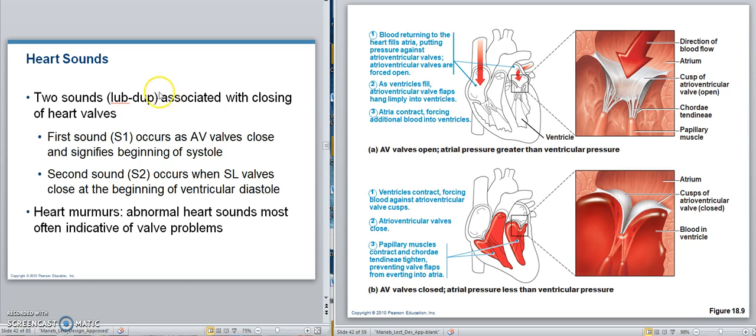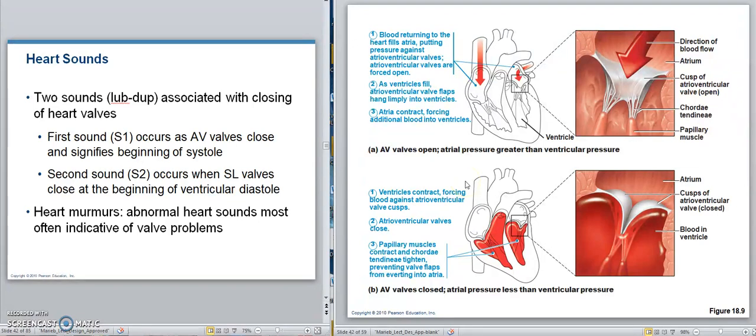All right, the normal heart sounds are caused by valves closing, not opening, but closing. Okay? That's the normal heart sounds. The heart sounds are divided into what we call a sound 1, S1, and an S2. A sound 1 and a sound 2. Now let's think about the cardiac cycle again.